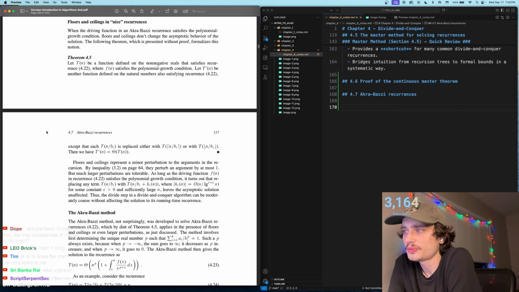By inequality 3.2 on page 64, they perturb an argument by at most 1, but much larger perturbations are tolerable.